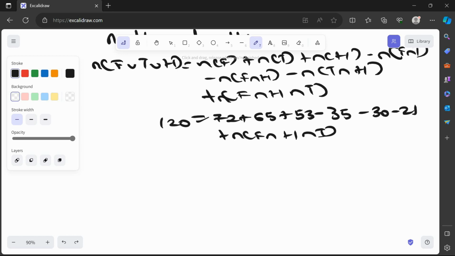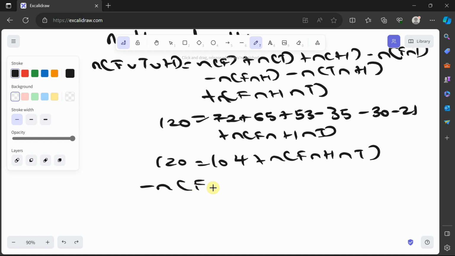So when you have this kind of thing, take a calculator and reduce this formula. If I press mine, that will be 72 plus 65 plus 53 minus 35 minus 30 minus 21. That gave me 104. So this is 120 is equal to 104 plus n of f intersection h intersection t. Just rearrange everything. That will be minus n of f intersection h intersection t is equal to, I'll bring this 120, minus 120 plus 104.